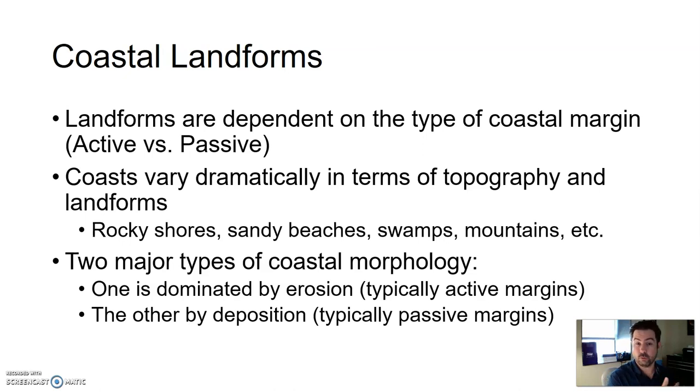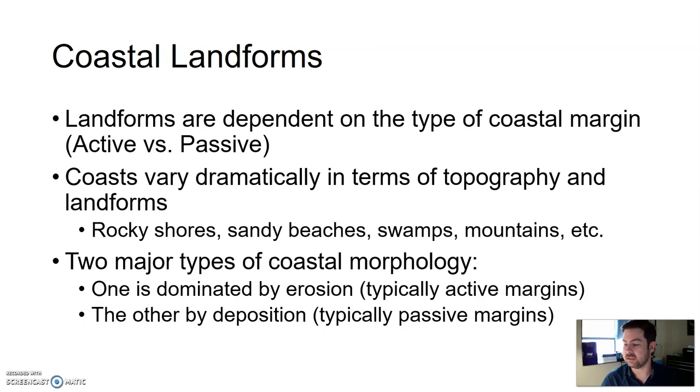The other coastal morphology is typified by deposition, typically passive margins, where material is being deposited. So erosional landforms, again, there's a lot more geologic activity, more typical of active margins. Depositional landforms are more typical at passive margins.